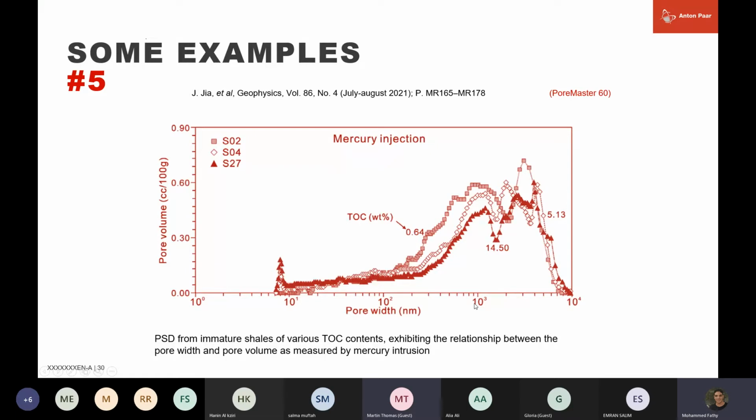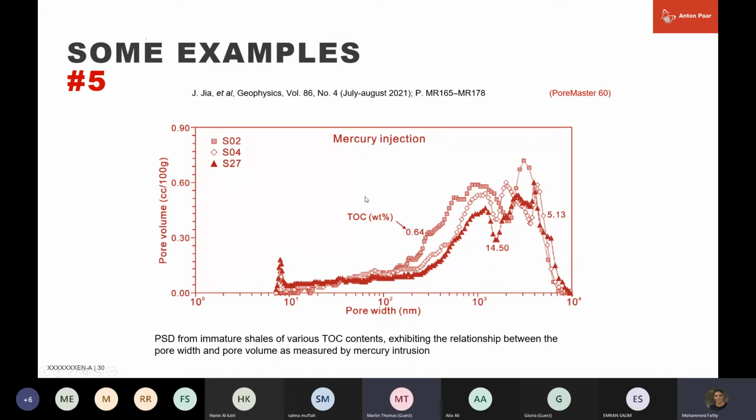There are some larger pores over here, a little bit shifted here, but you can see how the area under the curve, the intrudable volume for this low total organic content is higher than the accessible pore volume for the ones with the higher total organic content, which you might expect, since with more organic in the pores, there's less pore volume accessible for mercury.